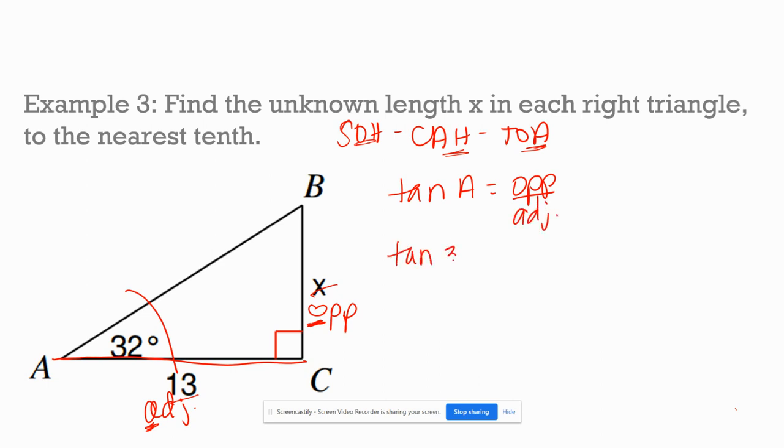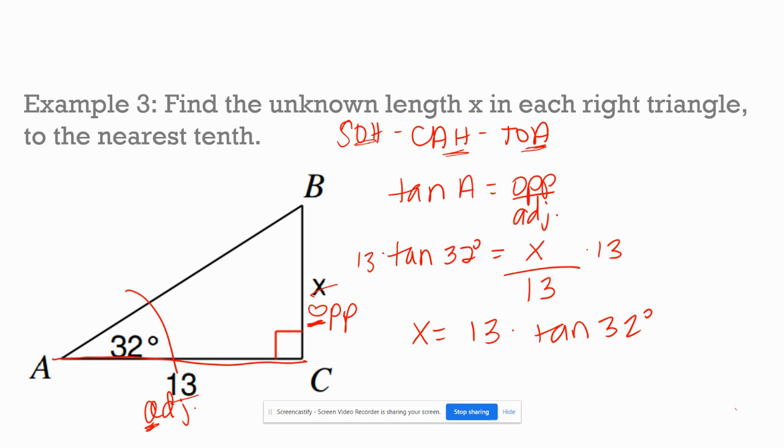Well, the angle that we're talking about is 32 degrees. Opposite is x, and adjacent is 13. This one's a little bit easier to solve for because all I have to do to get x by itself is just multiply by 13 on both sides. So x is going to equal 13 times the tangent of 32 degrees.